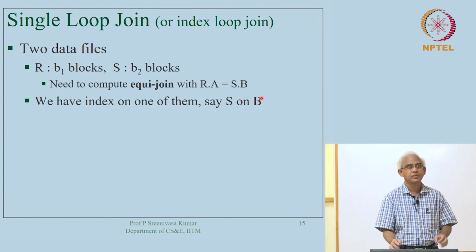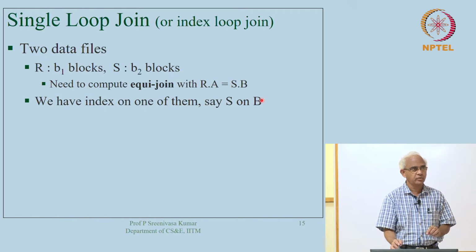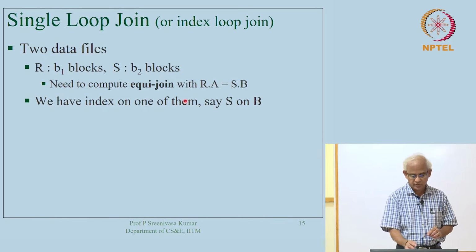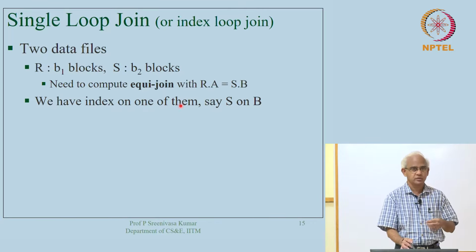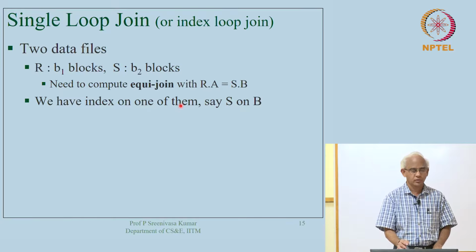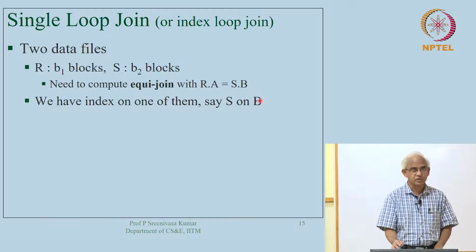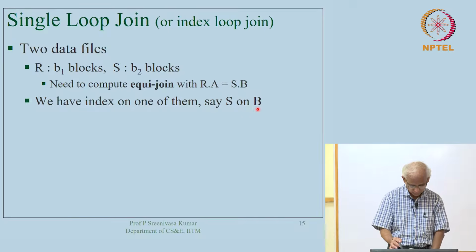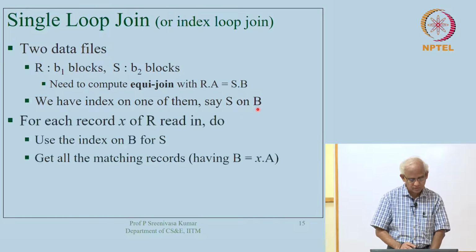What does it mean? It means that given a value for the attribute B, I will be able to get hold of all the records that have that particular value in the S file in a few block accesses, depending on the indexing technique that we have used. Okay. So, this is much better because we really can avoid a loop over S. So, what is the algorithm?